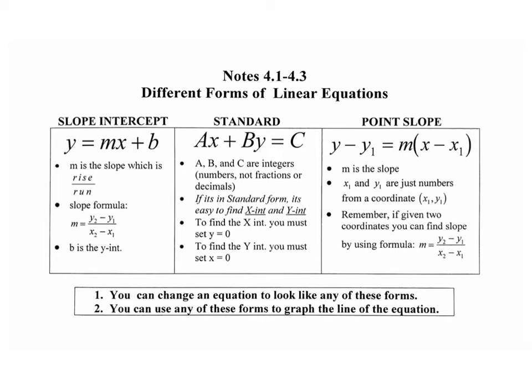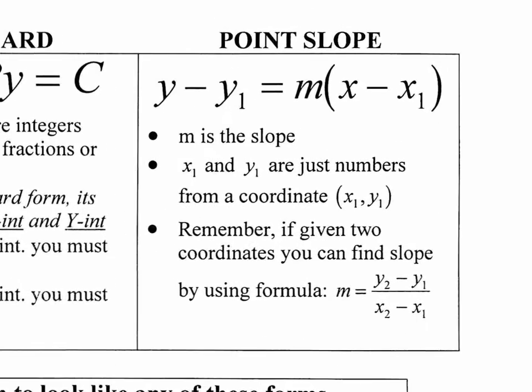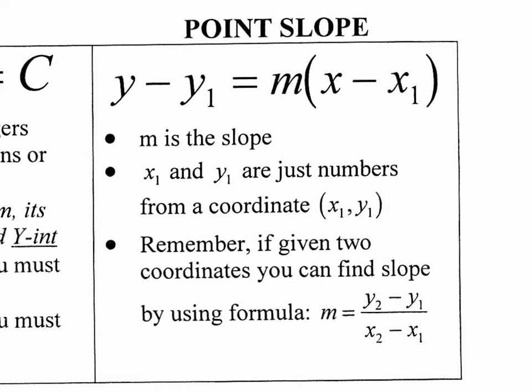Let's jump right into the assignment on 4.3, and let's focus in just on this part of our notes, okay? Why do you think we call it point-slope form? Because if it's in this form, if the equation is organized in this manner, you'll be able to see a point, right? Now, what do I mean by a point? A coordinate.